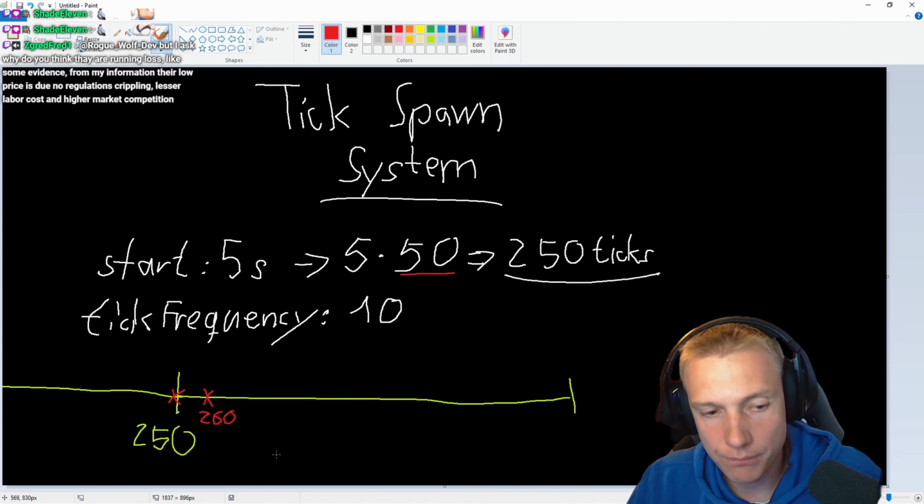And then we need to figure out, okay, so we have currently our elapsed ticks. How do we do this? So, wait. Tick spawn system, right? How do we figure out how many enemies are left to spawn?